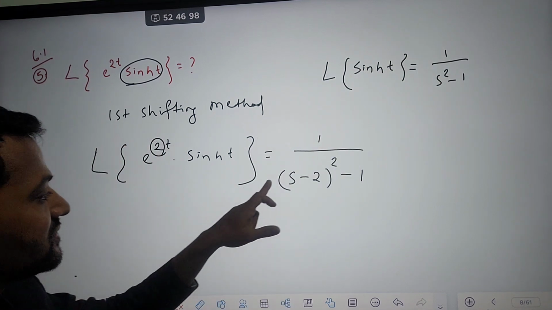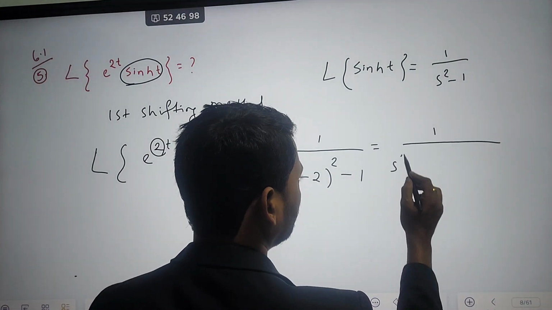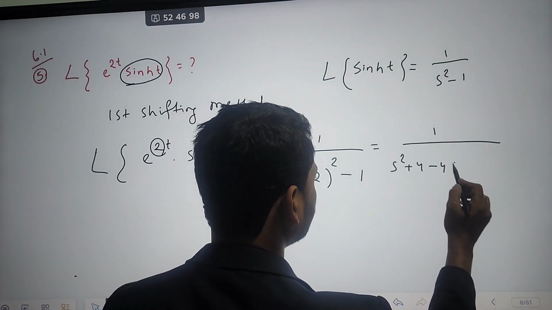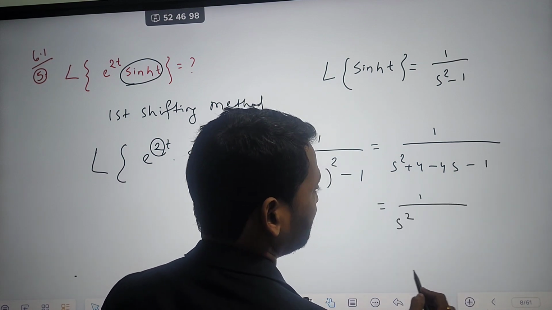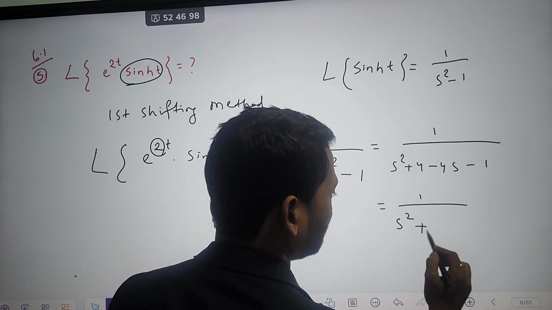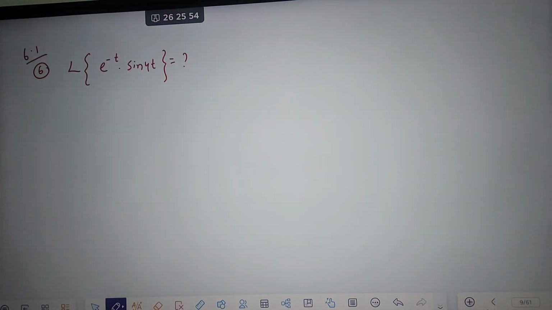So a is 2, so s minus 2 whole square minus 1. Then simplify this: s square plus 4 minus 4s minus 1. So your answer is coming 1 by s square plus 3 minus 4s. This is your answer.